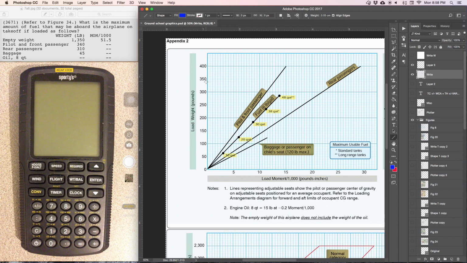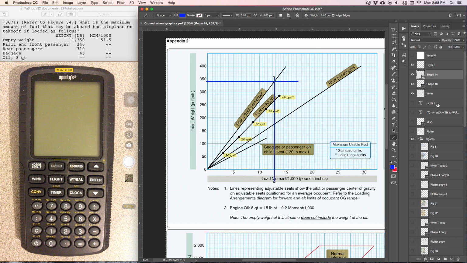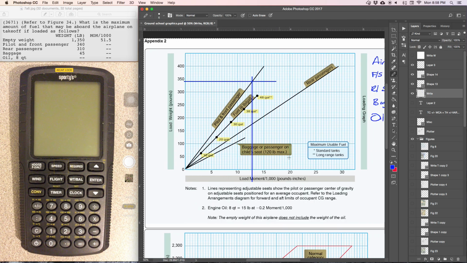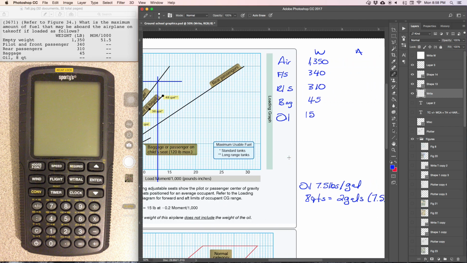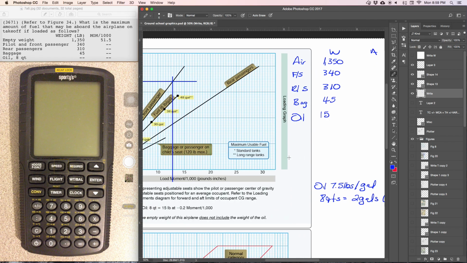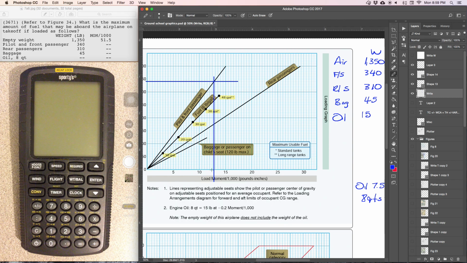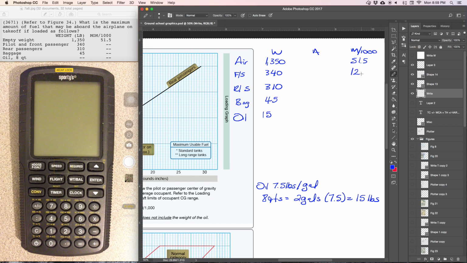So 340 is going to be right about here, and where those intersect, that's going to be about 12.5, so about 12.6. So front seat moment is 12.6.